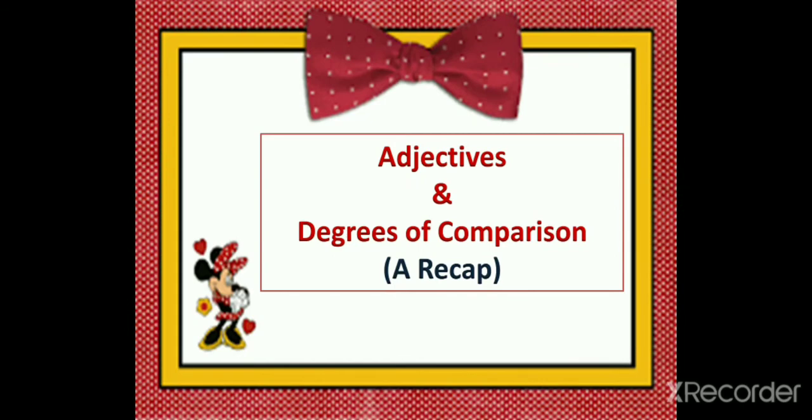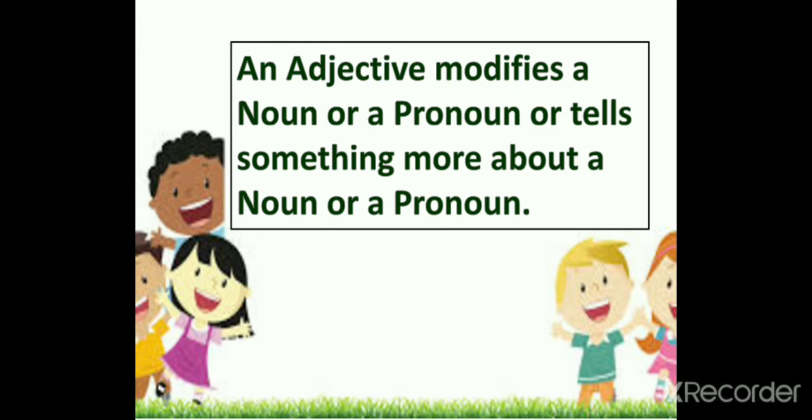Dear students, let us begin with today's topic, adjectives and degrees of comparison, a recap. An adjective modifies a noun or a pronoun or tells something more about a noun or a pronoun.